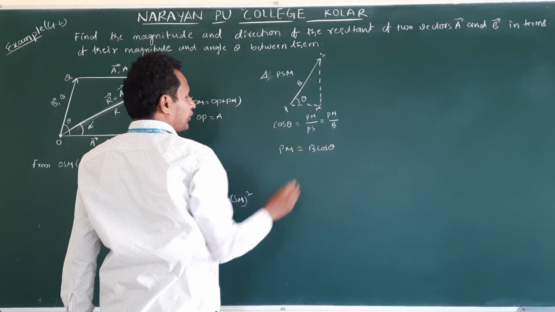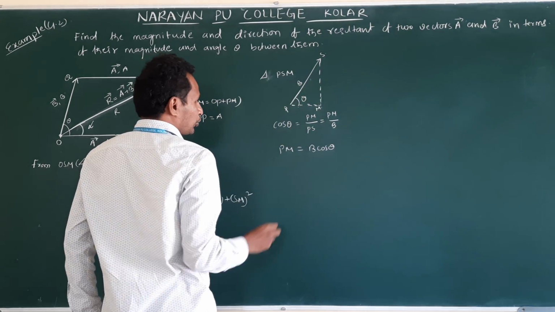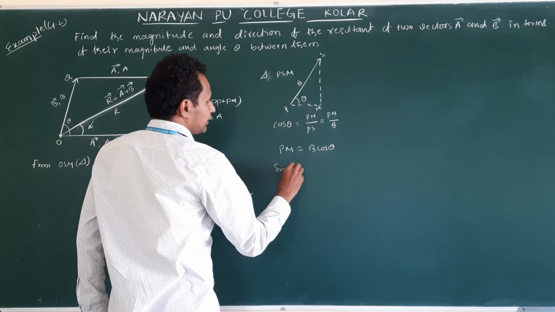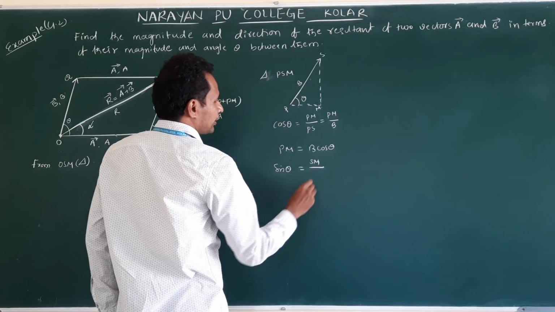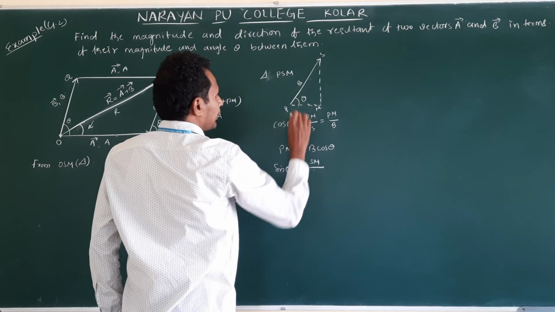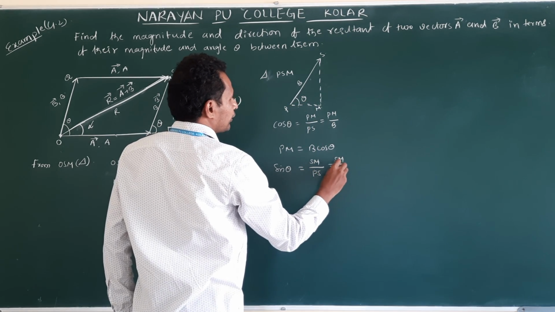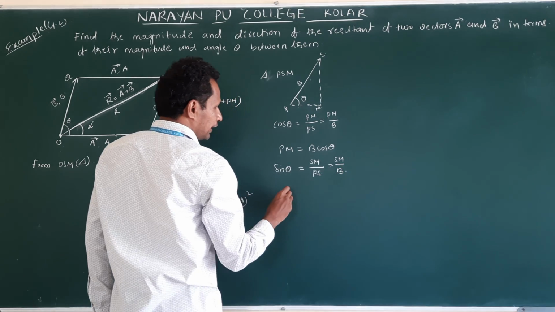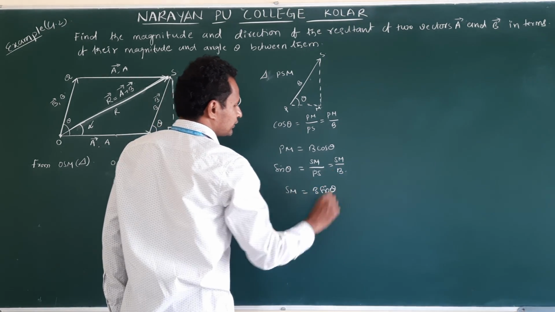Similarly, the opposite side is required. Hypotenuse and opposite side. Which trigonometrical ratio? That is sin theta. Sin theta is equal to SM by PS, which is B. Then SM is equal to B sin theta.